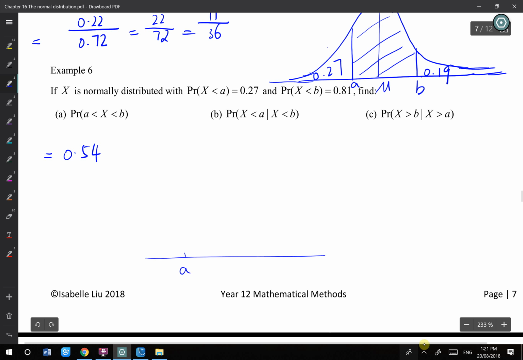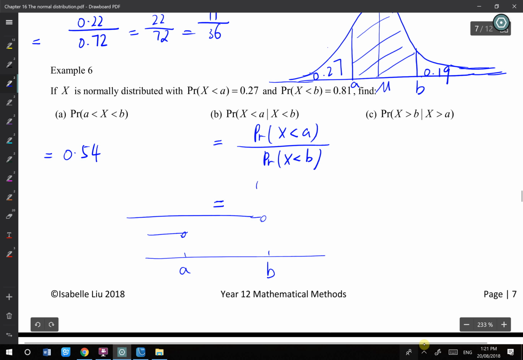Okay, A is here, B is here. I want less than A given less than B. So less than A is here, less than B is here. So what I will have is probability of X less than A intersection X less than B, divided by the probability of X less than B. Less than A gives me 0.27, less than B gives me 0.81.